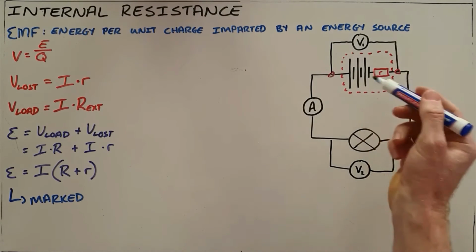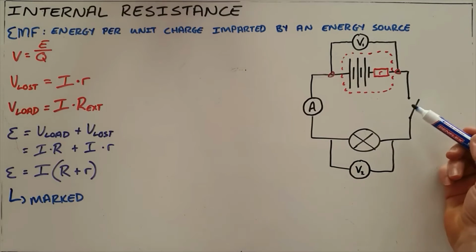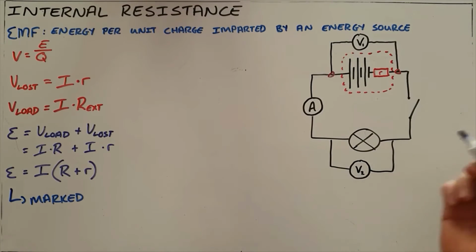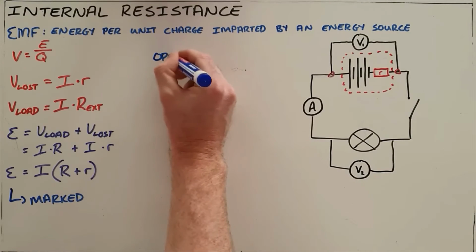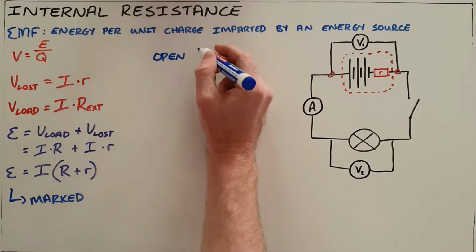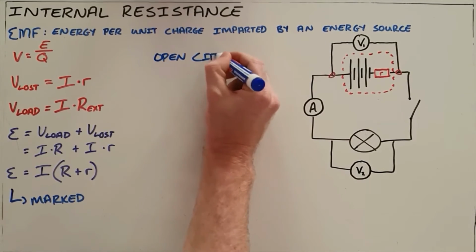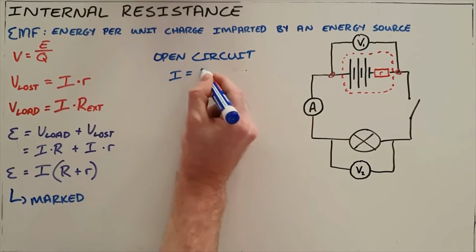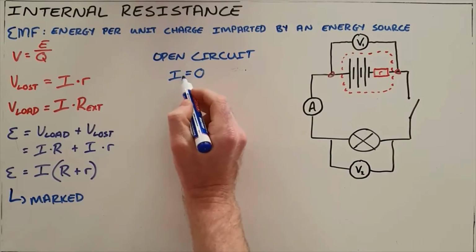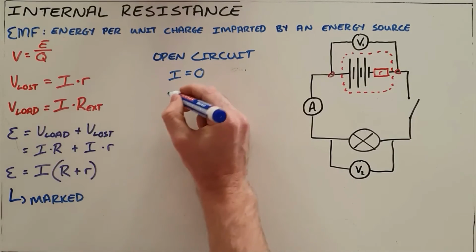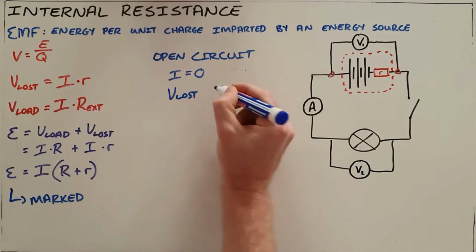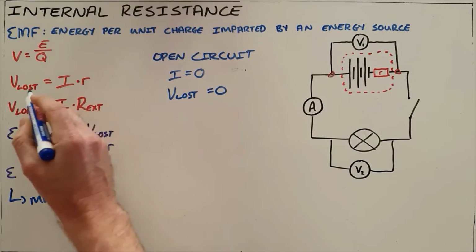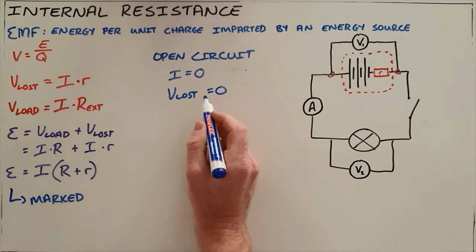The second one is what we'll find in an open circuit. When the switch is open, because it is open, there is no current flowing, which means our current is equal to 0. And if there is no current flowing, then our number of lost volts must be equal to 0, because lost volts is current times resistance.